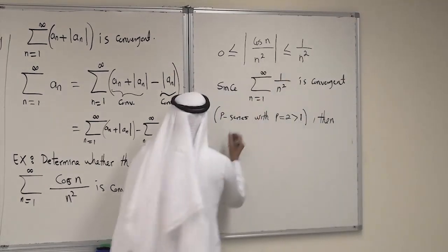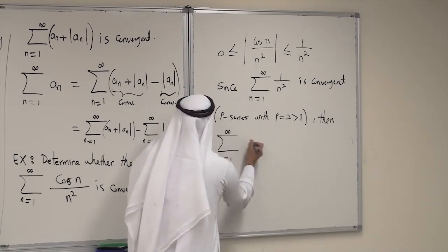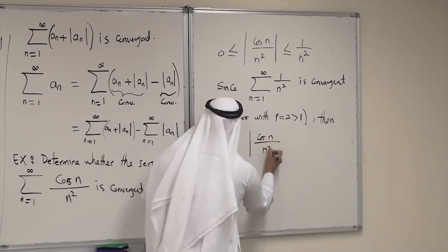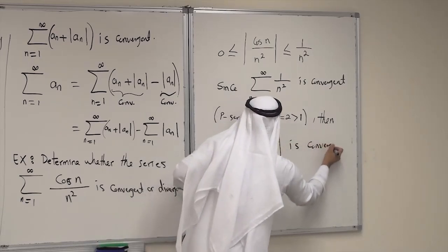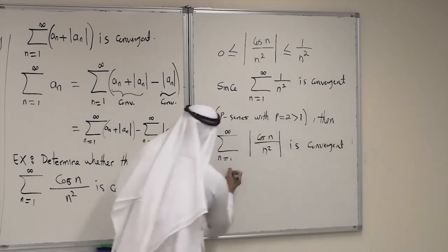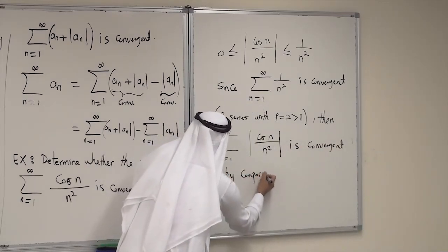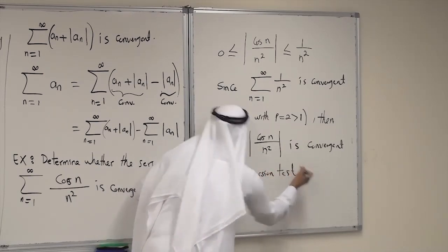Then this series, n equal to 1 up to infinity of absolute value of cosine n over n squared, is convergent by the comparison test.